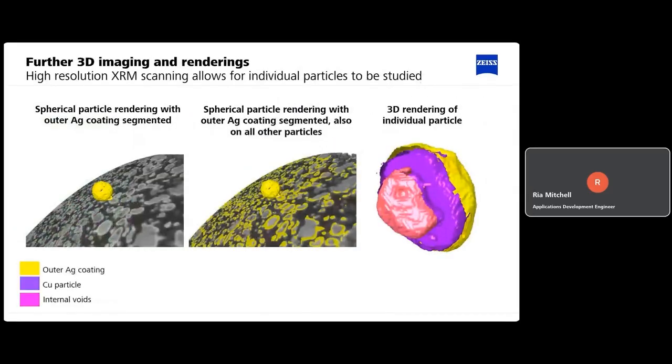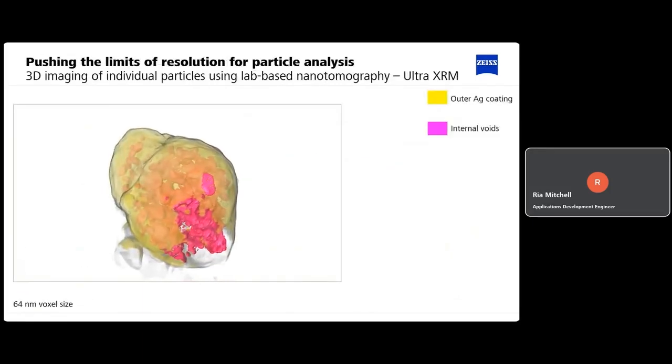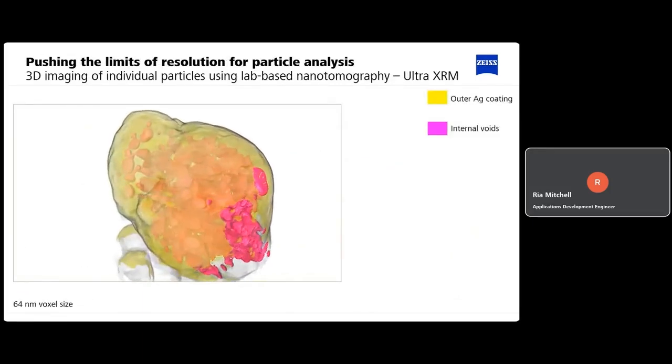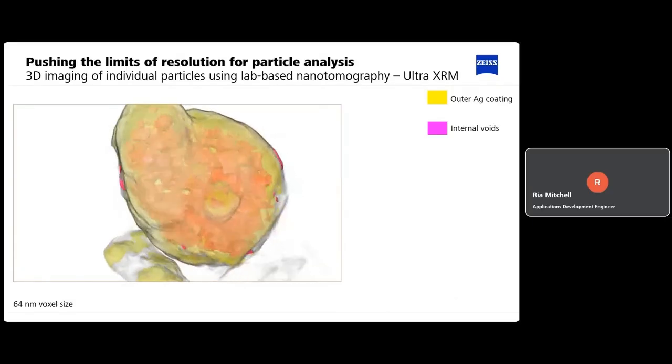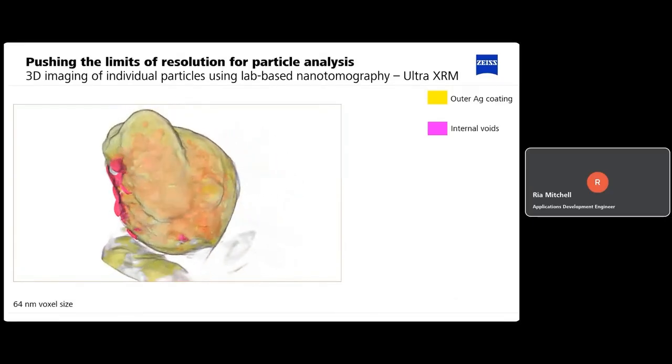So this is an example where we have the pores, the copper and the outer silver coating segmented on the Versa. But we can also take that one step further and do some nanotomographic imaging on our Ultra XRM system. So this particular example is at 64 nanometers voxel size.